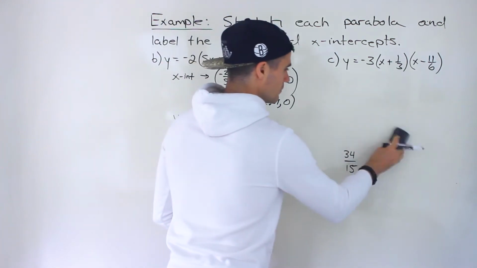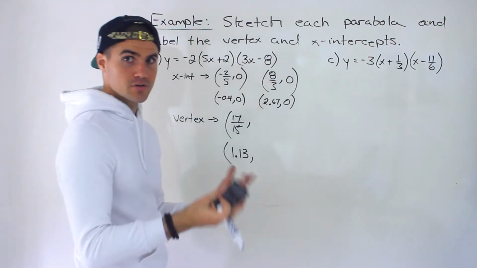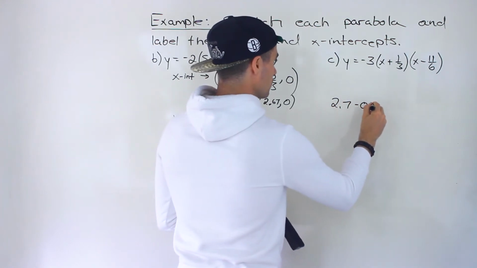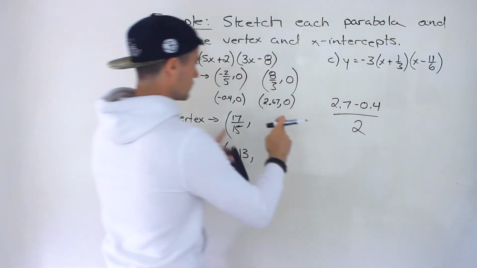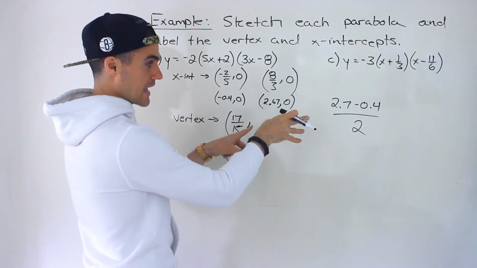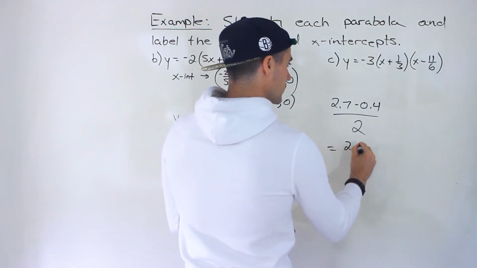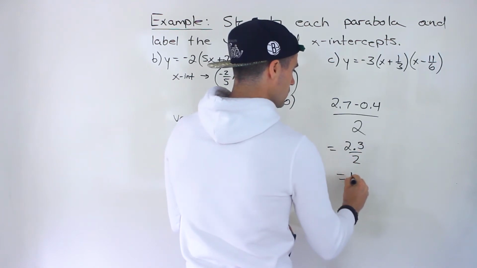Our check is not going to be as precise, right? Because if we took 2.7, subtract 0.4 and divided by 2, we're playing with these just to see what the axis of symmetry is going to be in decimals. We'd end up with 2.3 over 2, which would give us 1.15.